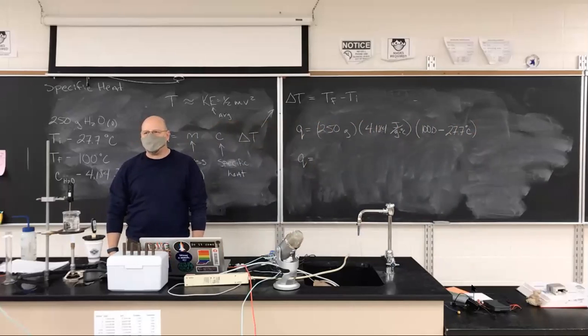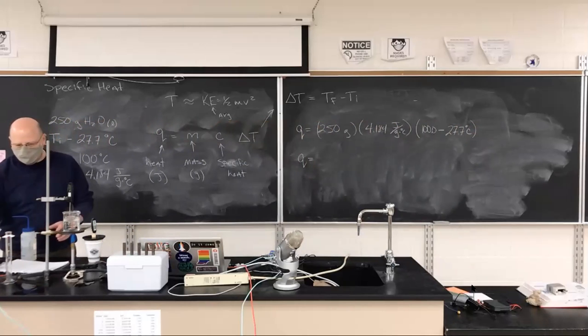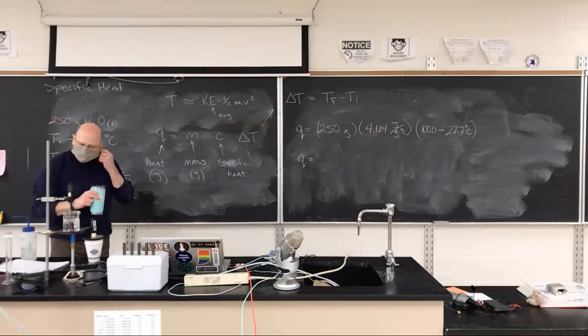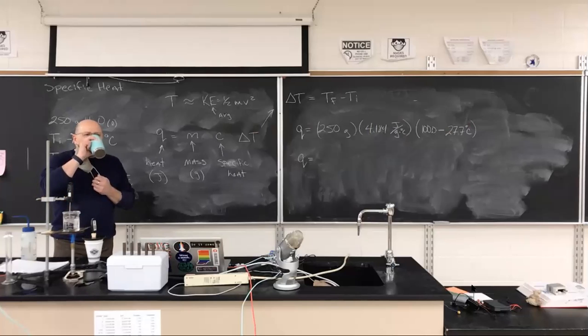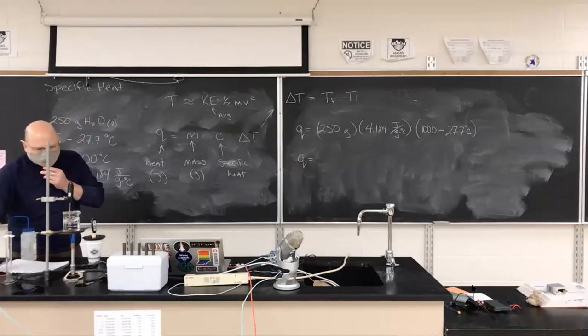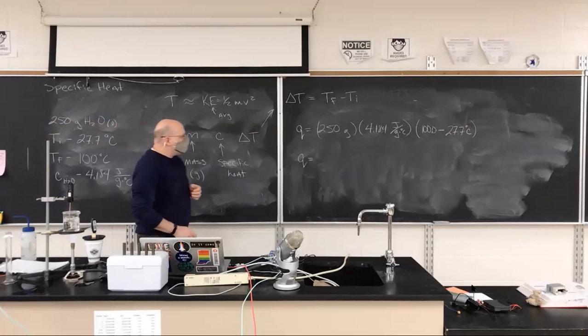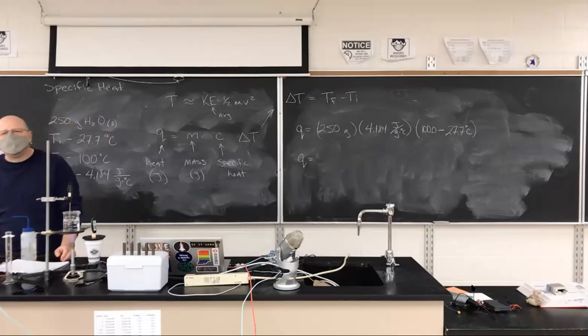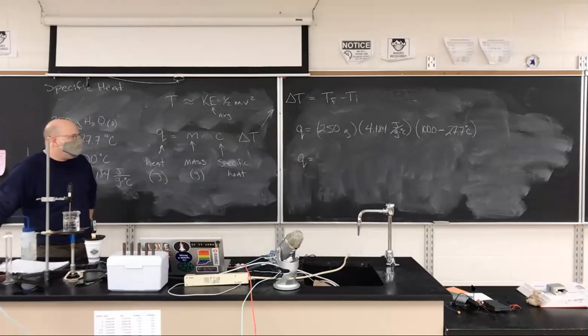Either open the app or get out the calculator. People, you can literally plug that exactly as it is written in your calculator. Parentheses, 250, parentheses, parentheses, 4.184, parentheses, parentheses, 100 minus 27.7, parentheses, enter. And you'll get the right answer.